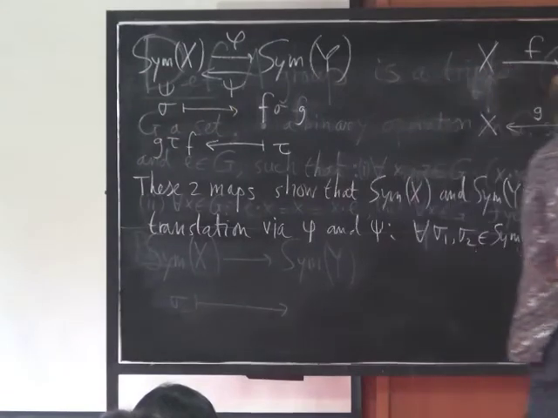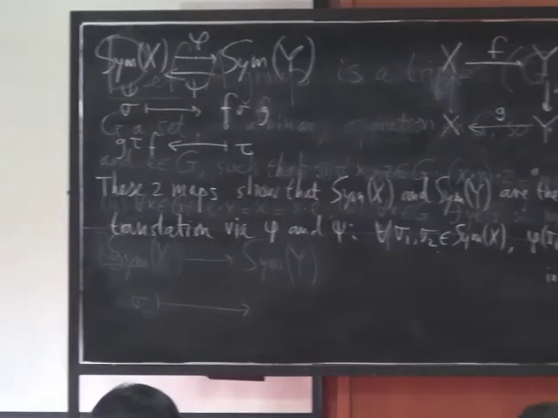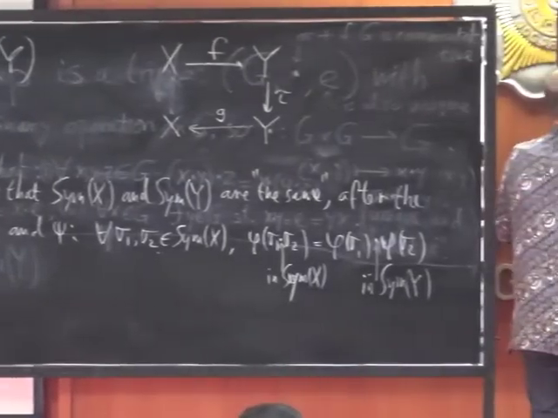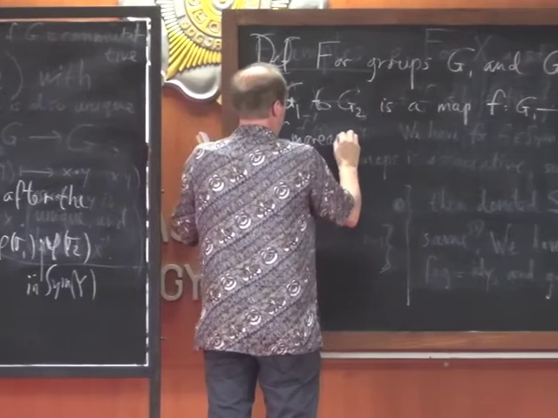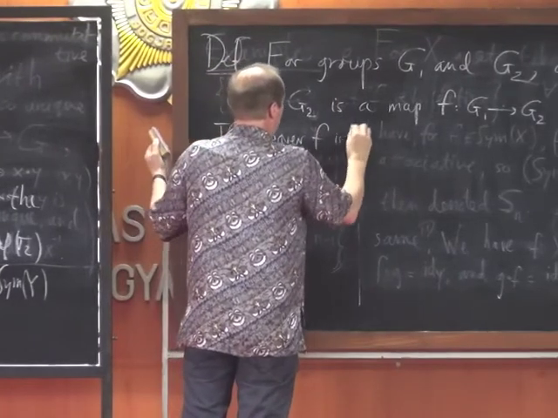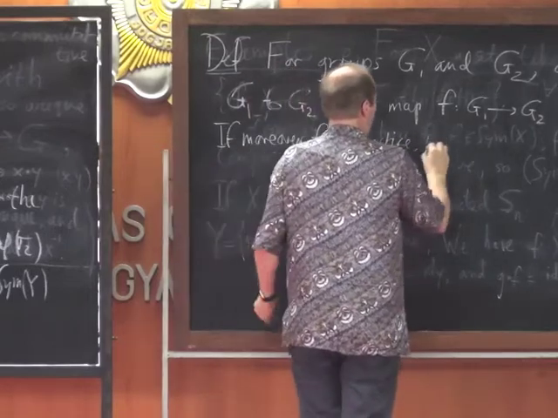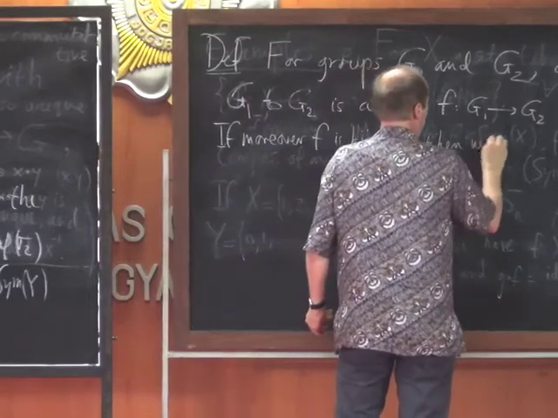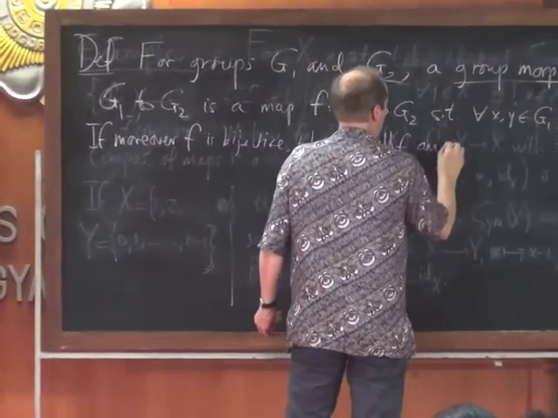And actually, if moreover f is bijective, then we call f an isomorphism.